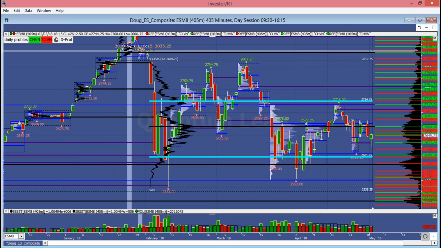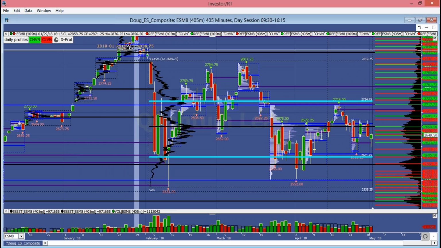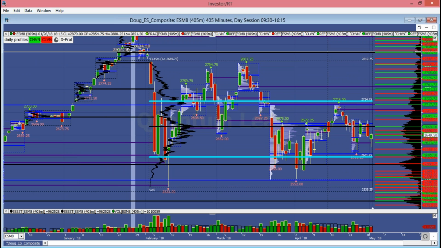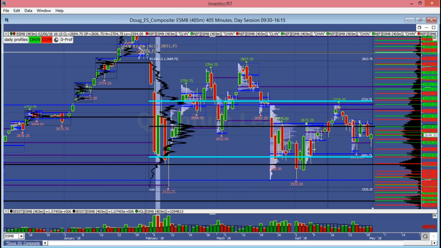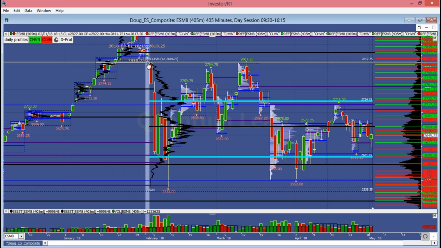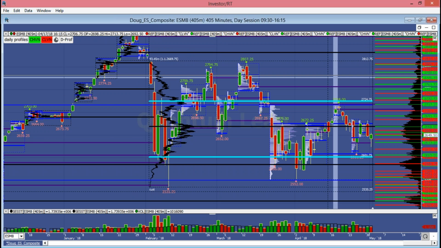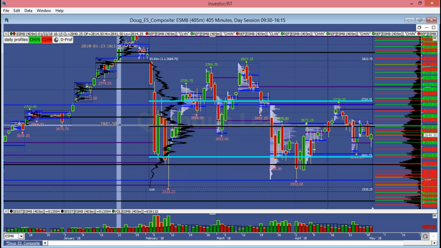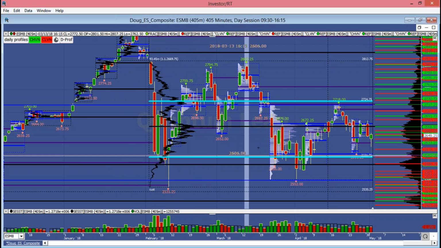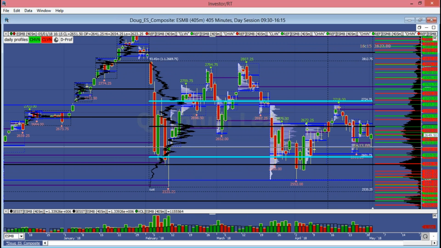we fell out of this micro composite value area up here that's centered around the microcomposite VPOC at 28.31, and we gapped down on the 2nd of February, and that's where I started my new microcomposite, and we've tested through this multiple times.